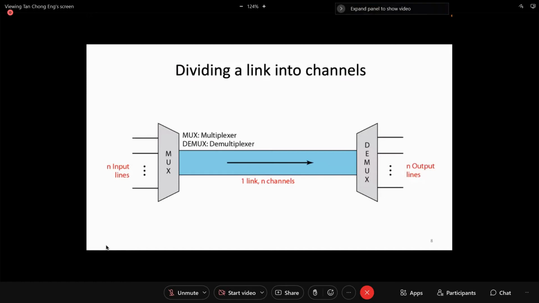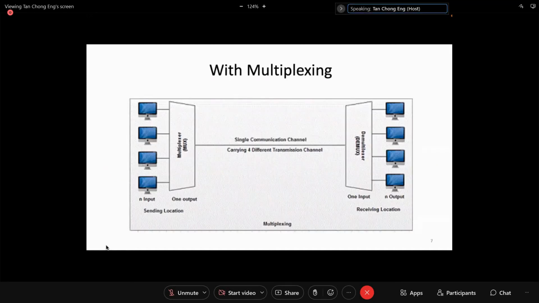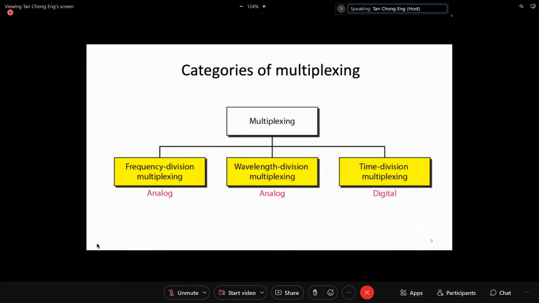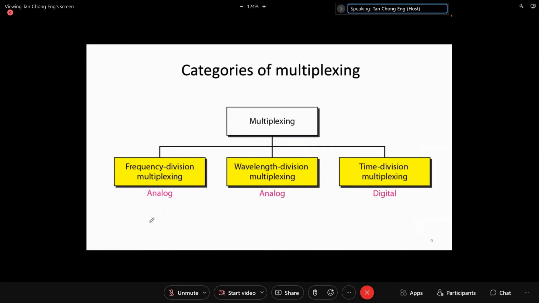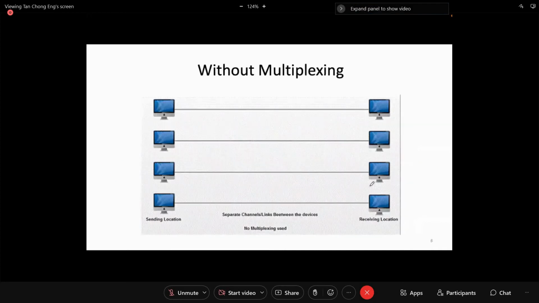When you do not have anything, you have to have a dedicated connection to each user.